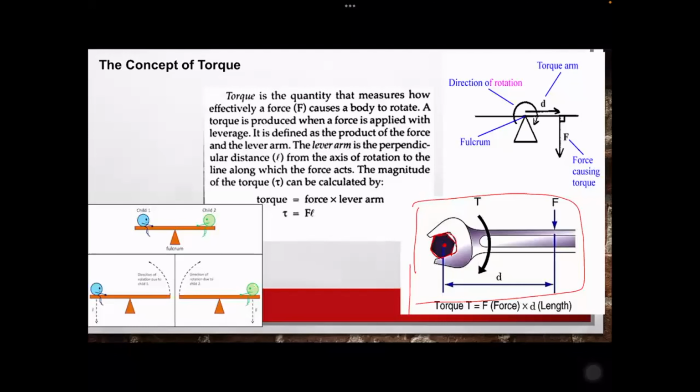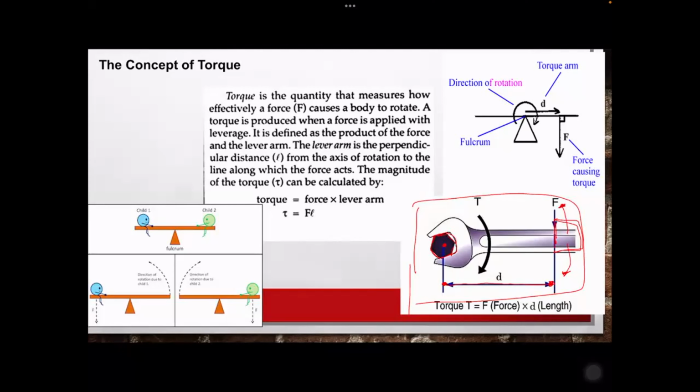Now, nasan ba yung lever arm na sinasabi? The lever arm is from this point up to this point. That is the distance from this point up to this point. Now, ano yung force? Ito yung hahawakan natin. Kunwari dito natin siya hahawakan. Pag hinawakan natin siya, it can be papunta pataas, or it can be papunta sa baba, depende kung ano yung process na gagawin nyo.